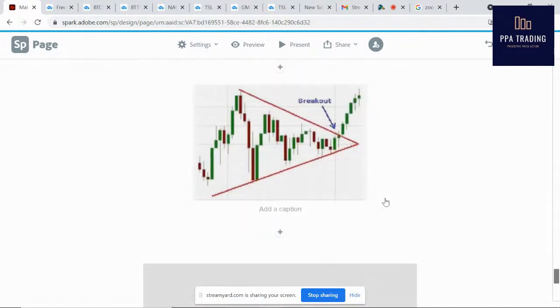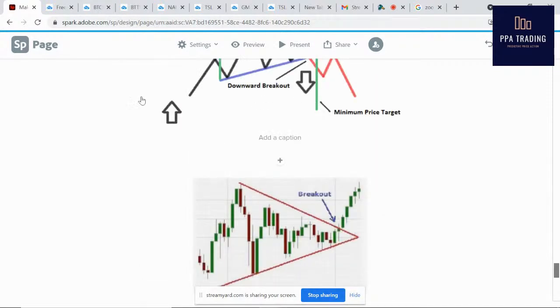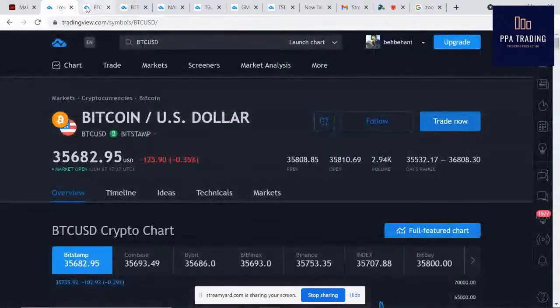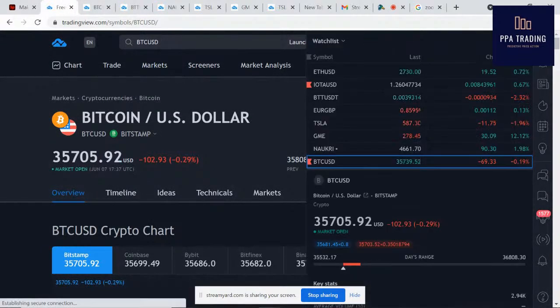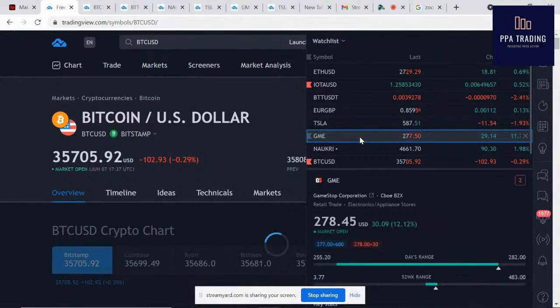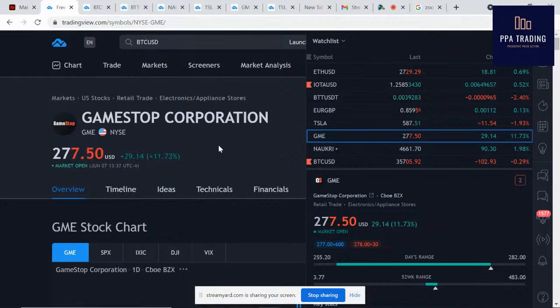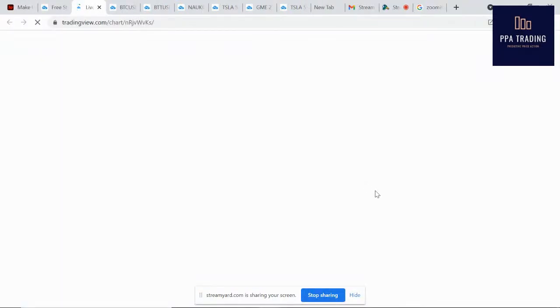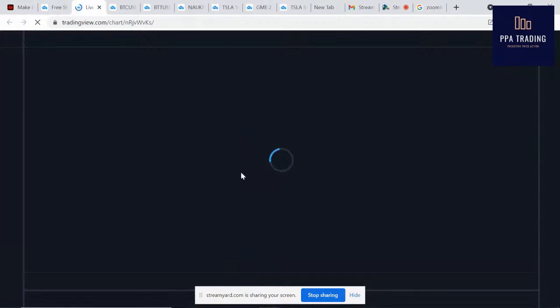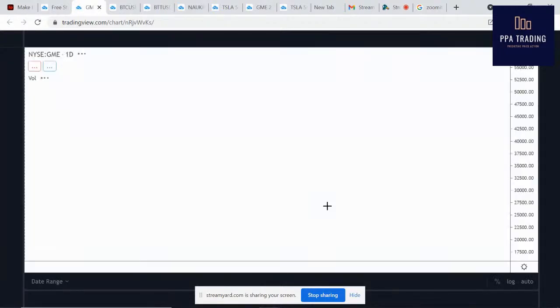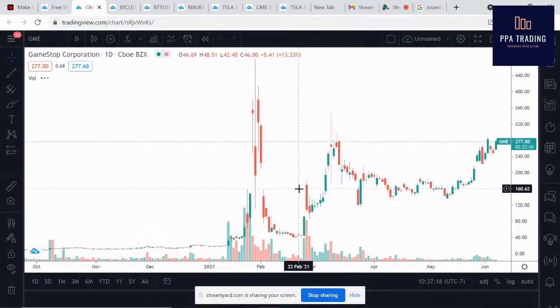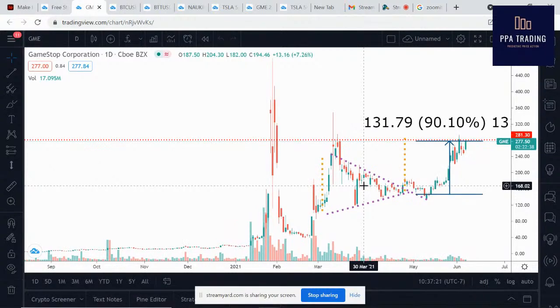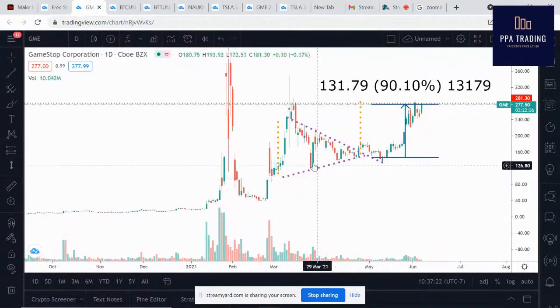But let's take a look also at an example. So GME, let's see here. All right, guys. So this one's going to load, and then we'll take a look at it. Right here.